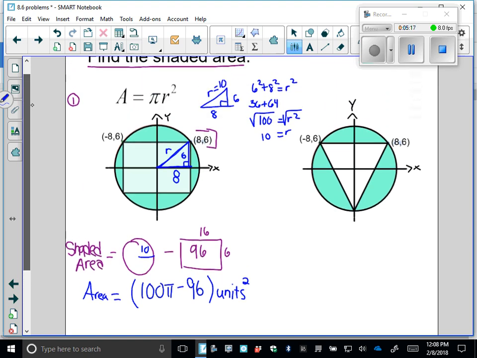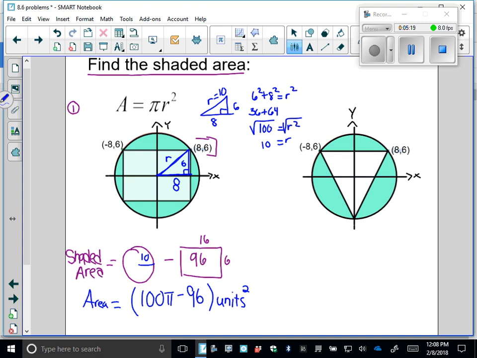Okay, so this problem to the right is similar in that it's the same size circle. So we already know the circle area. But we'll review, in case you don't know that it's the same size circle, where that comes from.